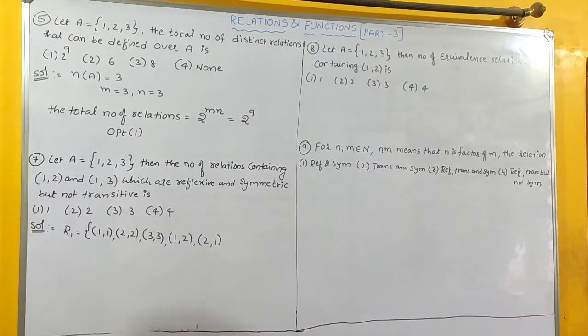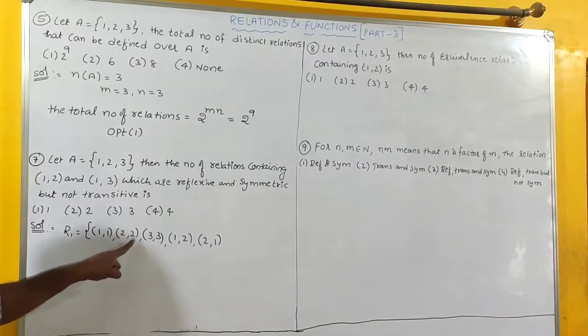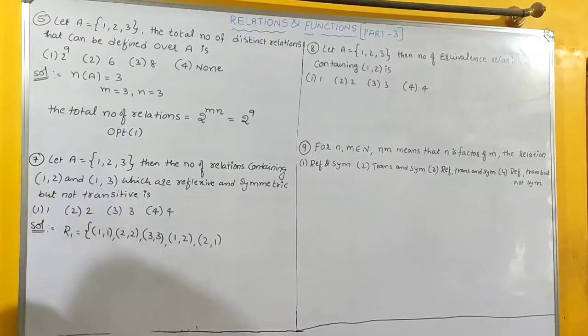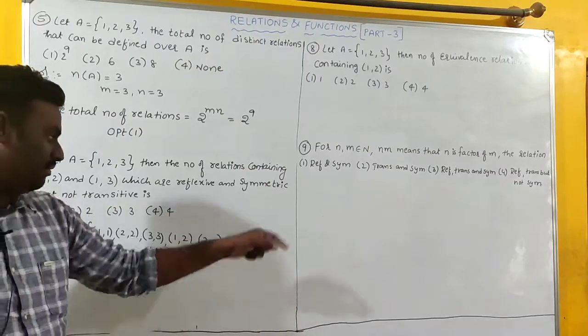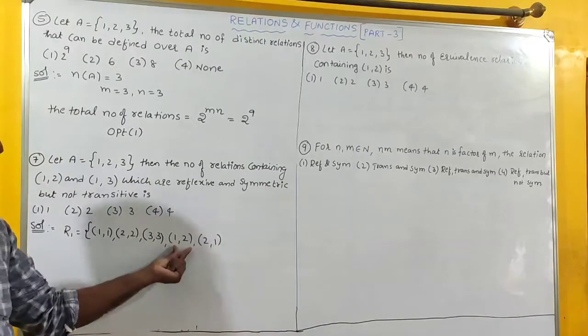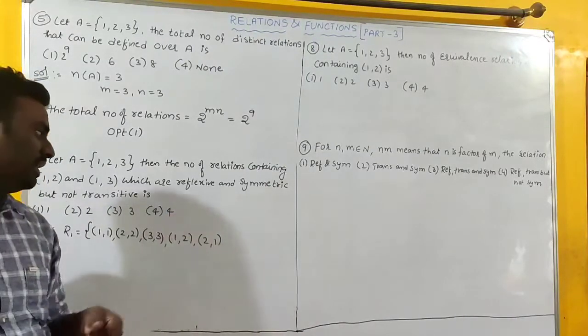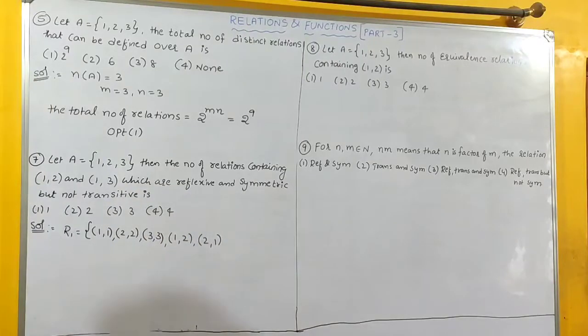Okay, so this is the relation. This relation is reflexive. Why? Because (1,1) is there, (2,2) is there, (3,3) is there. And symmetric. Why? Because if I take the pair (1,2), its reciprocal is (2,1). So this is one relation.